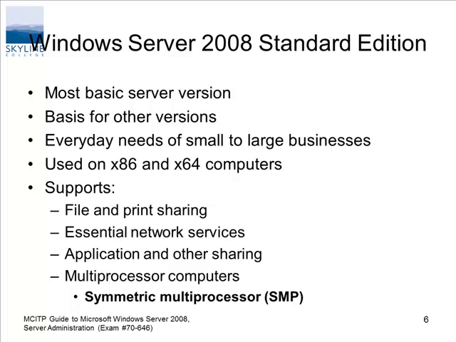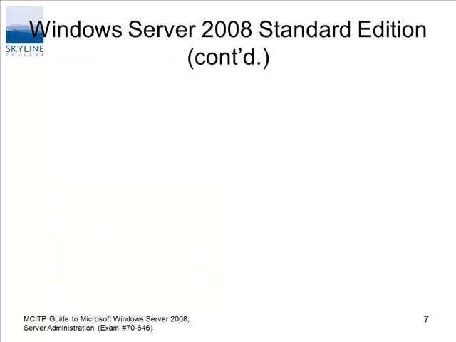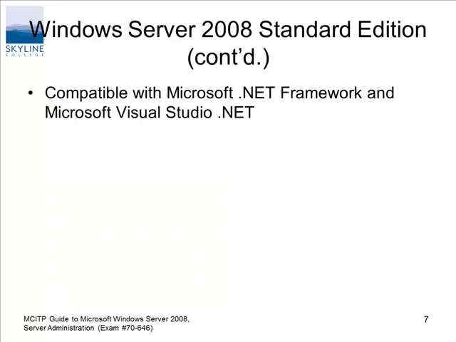Back to what do we want to upgrade. Multiprocessor, symmetric multiprocessing, fewer processors than are in the Enterprise Edition, but it supports them. Compatible with the .NET framework and Microsoft Visual Studio .NET.